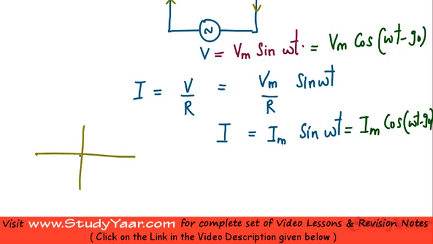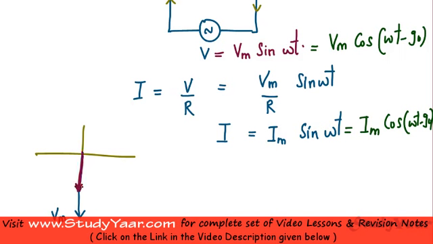Your voltage is going to be like this, this is your Vm at an angle minus 90 with respect to your real axis. Your current is also at an angle minus 90, and it is having a length of Im.